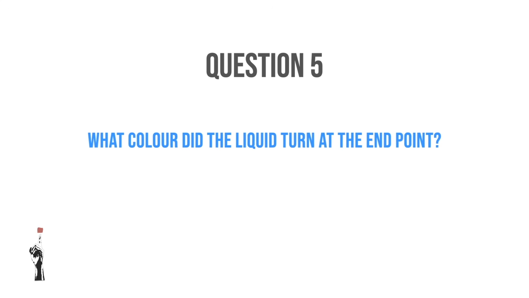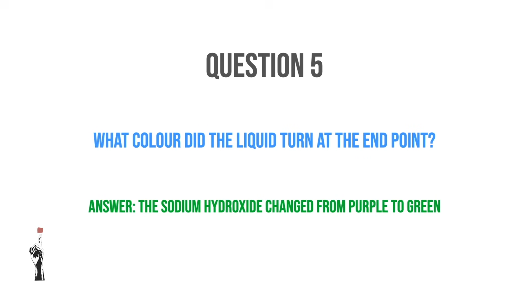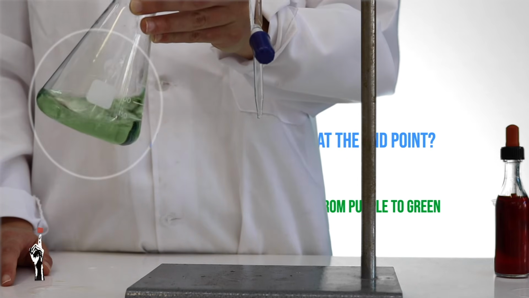Can you remember the color change that occurred when we reached the end point or the point of neutralization? The purple color of sodium hydroxide turned into a light green color.